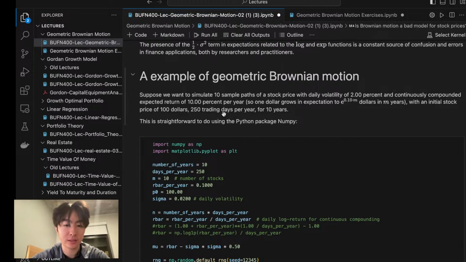So in this example, we're simulating 10 sample paths of stock price with daily volatility of 2% and continuously compounded. So that means we're going to use e raised to some continuously compounded rate. Continuously compounded expected return of 10% per year, with an initial stock price of $100, 250 trading days per year for 10 years.